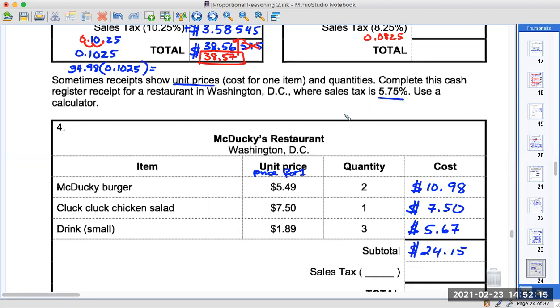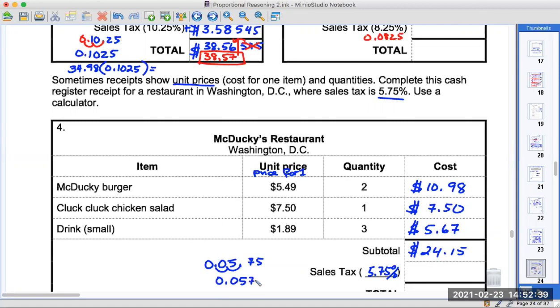It tells us here, this is in Washington, D.C., where sales tax is 5.75%. So that's that. But remember, we got to change it to a decimal. So you can add a 0, move your decimal two places.